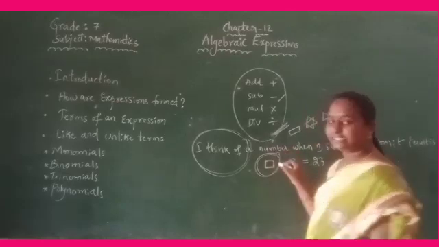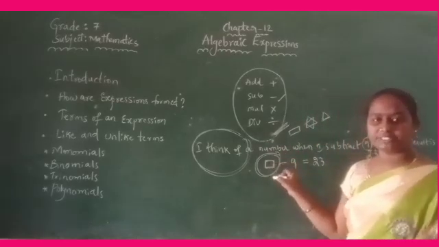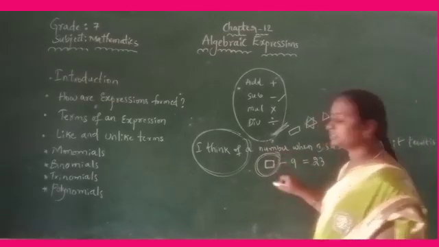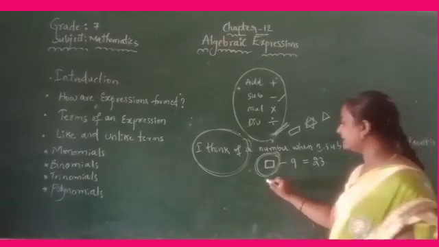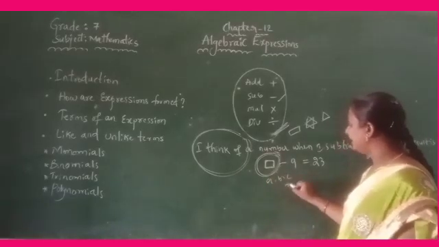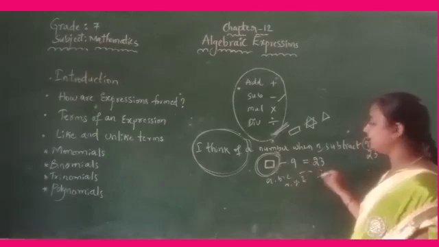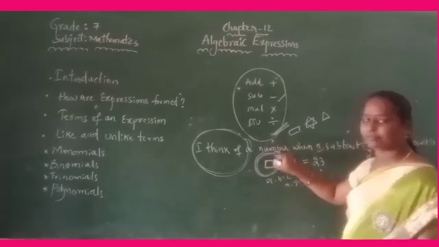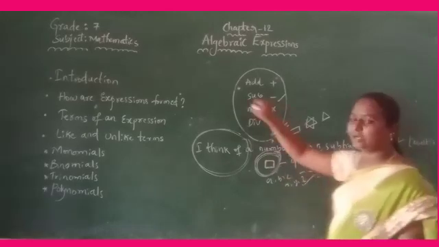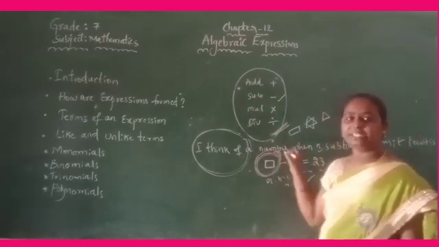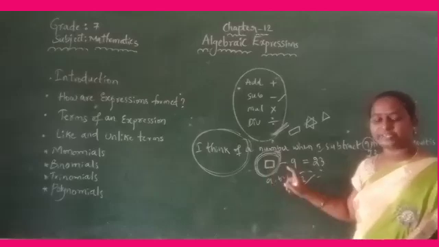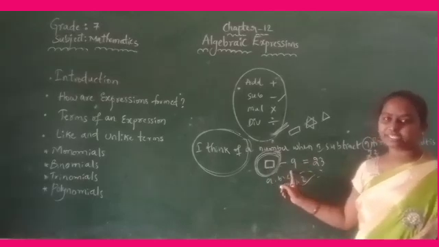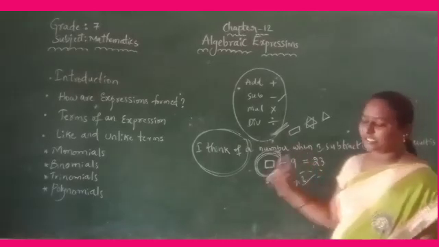For that, in algebra instead of symbols we use alphabetical letters, such as A, B, C or X, Y, Z. We can use any alphabetical letters instead of symbols. This is called algebra, substituting letters for numbers.